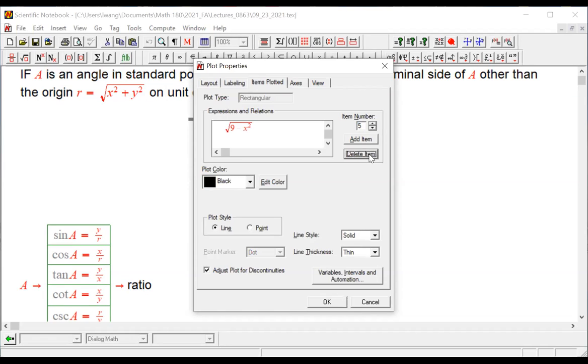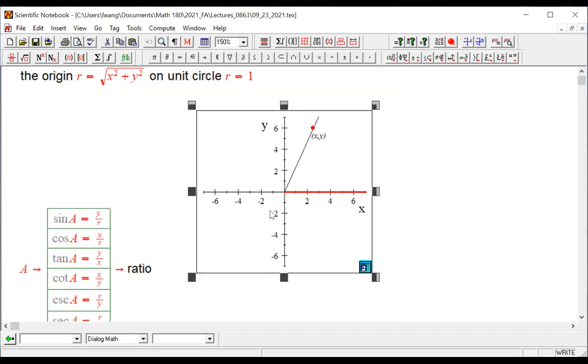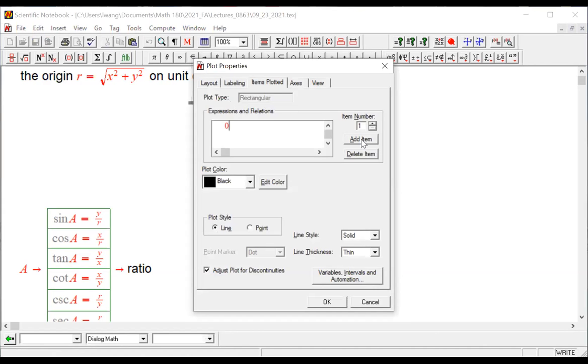Delete, delete, delete. All right, clean up. Now I want the unit circle. I'm going to make an adjustment on the unit circle because it doesn't make any difference, right? So now I'm going to just do the unit circle. So that's how that looks.